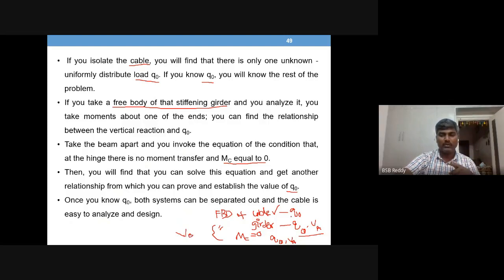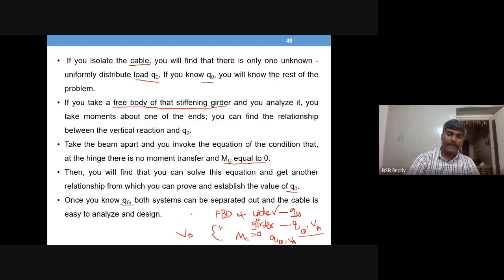So once you solve Q naught, anything related to cable unknowns can be solved, maybe cable support reactions, cable tension or internal forces in the cable, anything can be analyzed. Okay, so this is how a typical procedure goes for solving the cable with a three-hinged stiffening girder.